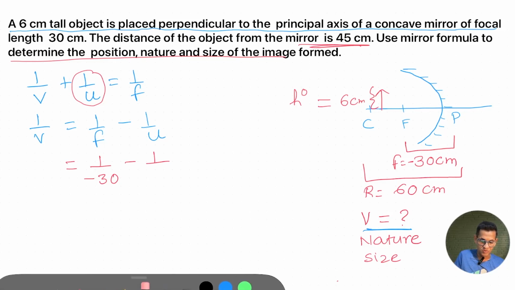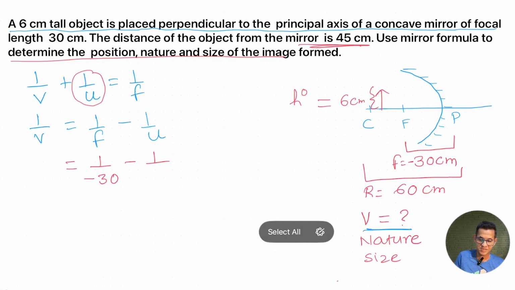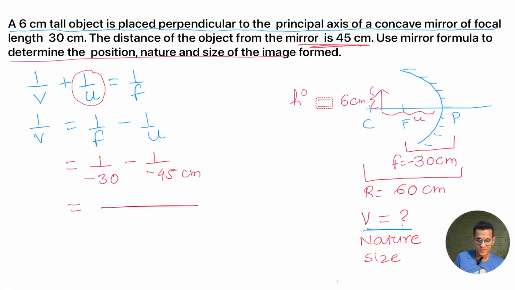It is given in the problem that the object is placed at 45 centimeters. So this particular distance is u, which is 45 centimeters, and u is always negative. So it is negative 45 centimeters. Now, the LCM of 30 and 45 would be 90. LCM is always positive irrespective of what signs we have.